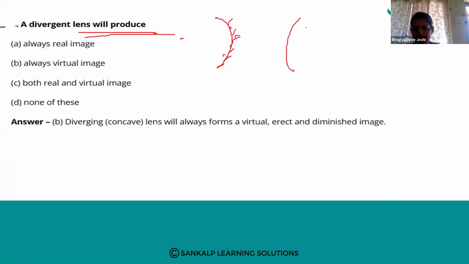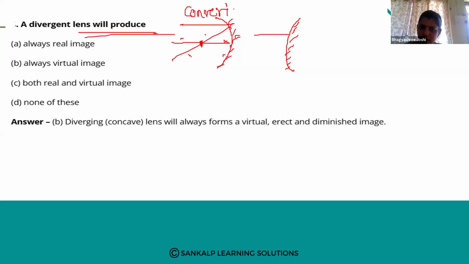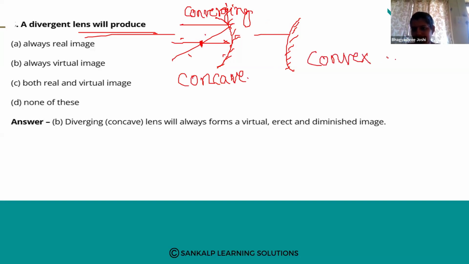This is a reflecting surface. Now after reflection, it converges at this point. So this is a converging mirror. Concave mirror is a converging mirror, and convex mirror is a diverging mirror.